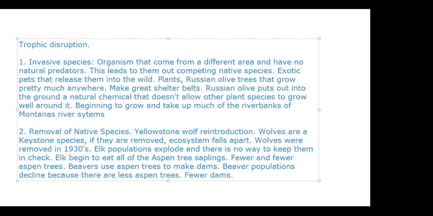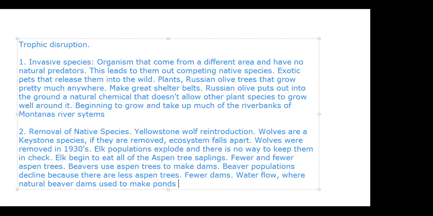What do dams do? Filter out water. They do filter out water. What else do they do to water? Slow the water flow. Yes, okay. So the water flow where natural beaver dams used to essentially make ponds and wetlands.